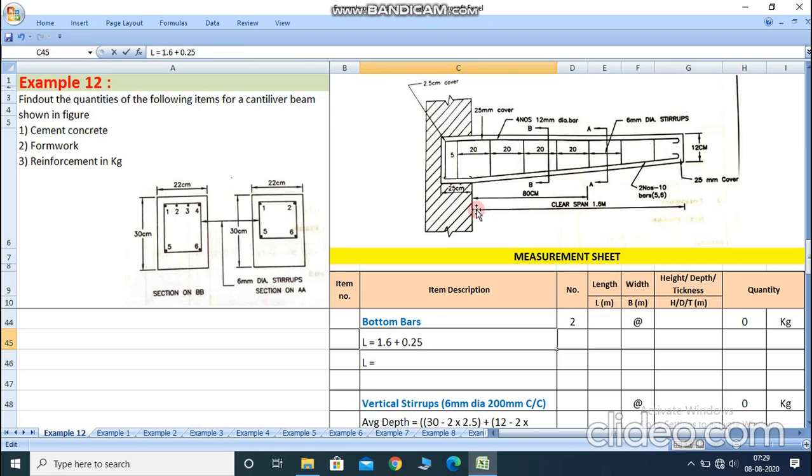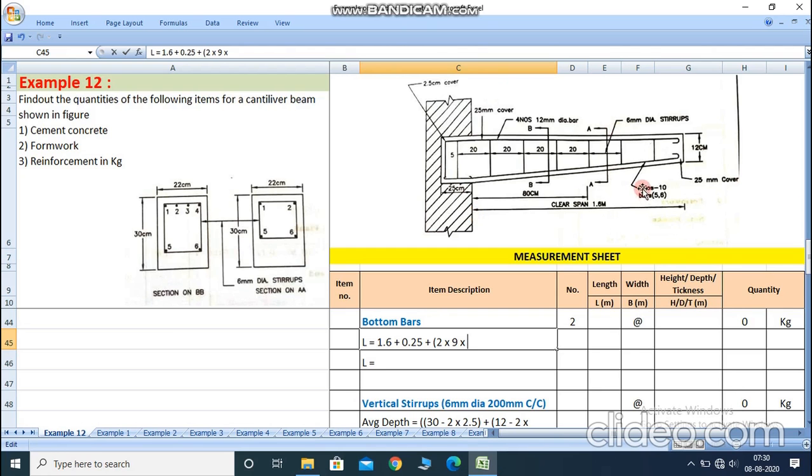So 1.6 is the clear span from starting to end, or from free end to fixed end, and 25 centimeter here, plus here at starting and end. Here at starting and end, a hook is provided on both sides, so we write here 2 multiplied by 9 into diameter of the bar. So the bottom bar is provided as a 10 mm diameter bar.